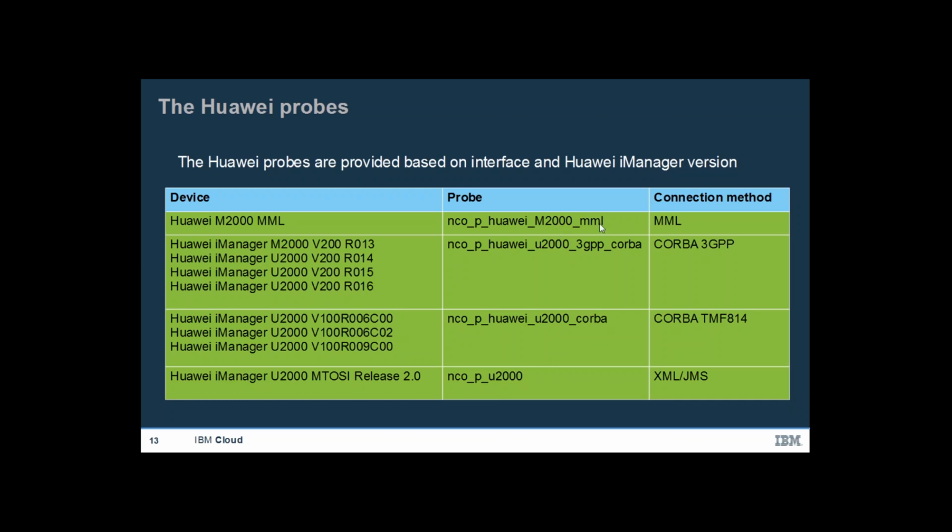The MML probe is still there, but for the M2000 and U2000, we use this 3GPP probe, and then for the general Huawei 2000, U2000 server, it's the TMF probe, essentially the U2000 Corba probe, and then we still have the XML JMS version of the probe available as well.